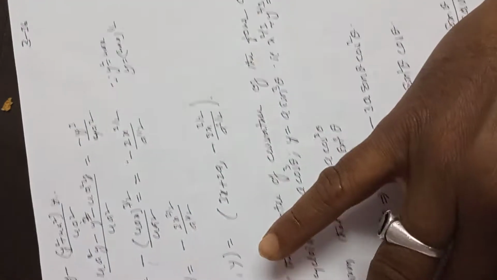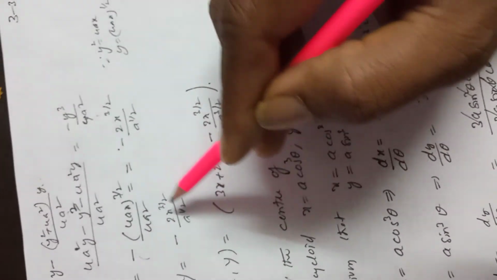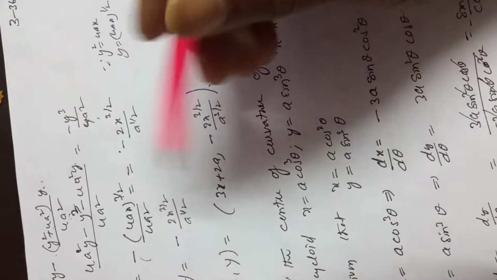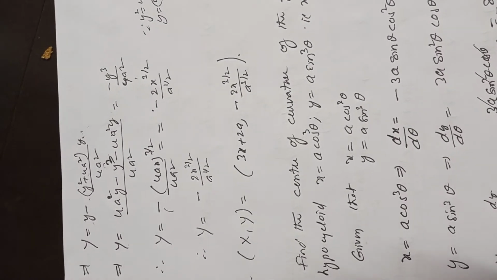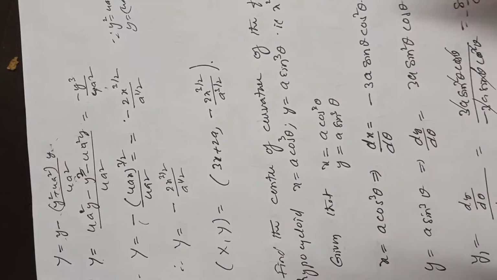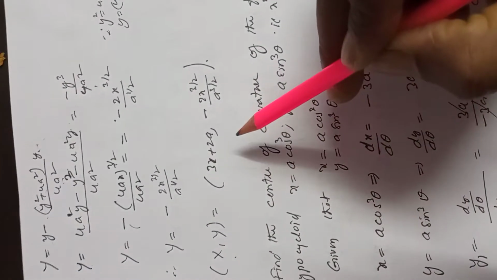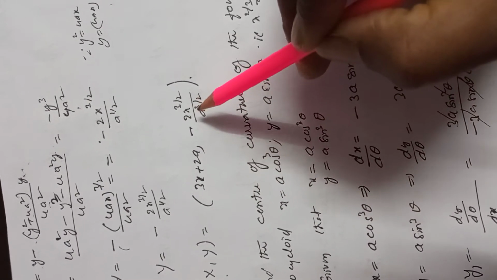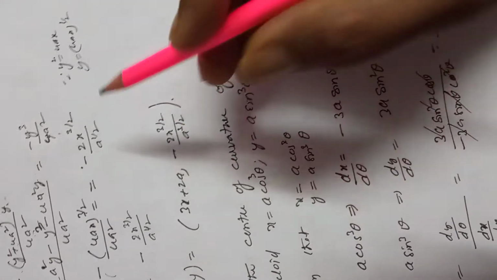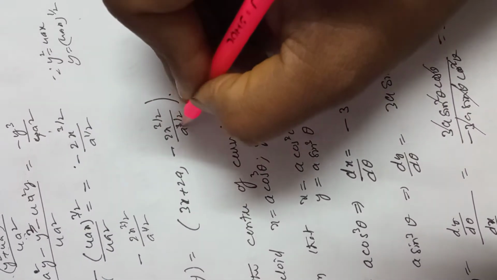Capital Y is equal to minus 2x to the power of 3 by 2 by a power 1 by 2, right? Therefore we know the coordinates of the center of curvature. Therefore X comma Y is equal to 3x plus 2a comma minus 2x to the power of 3 by 2 by a power 1 by 2.